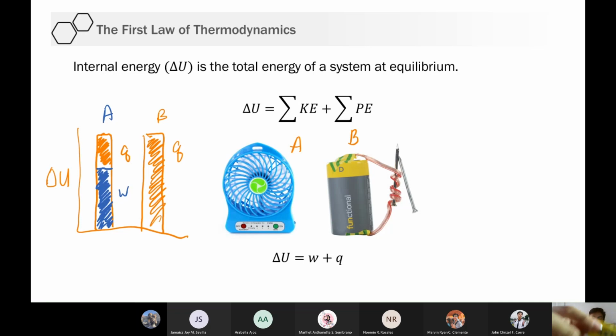In our food, in food products, when you look at the back, there is a nutritional value. How did they find out the nutritional value? If you ask scientists at the Food and Nutrition Research Institute, FNRI, an institute of the DOST, what they do to determine the amount of energy you can get from food is they burn the food. Literally burn it.